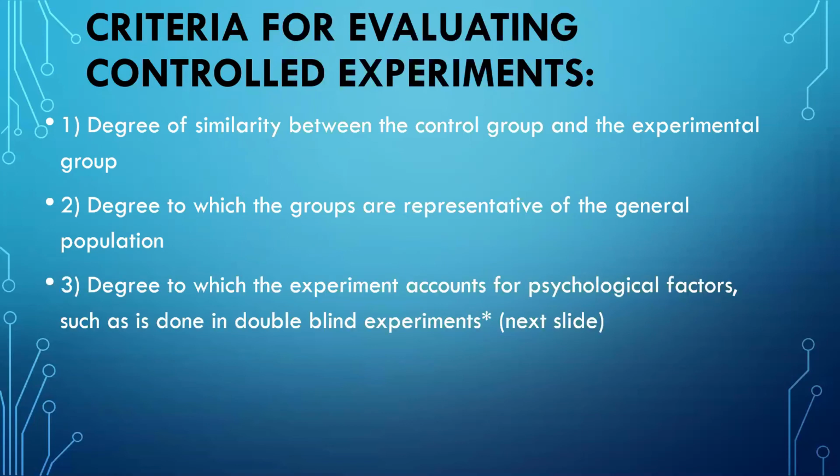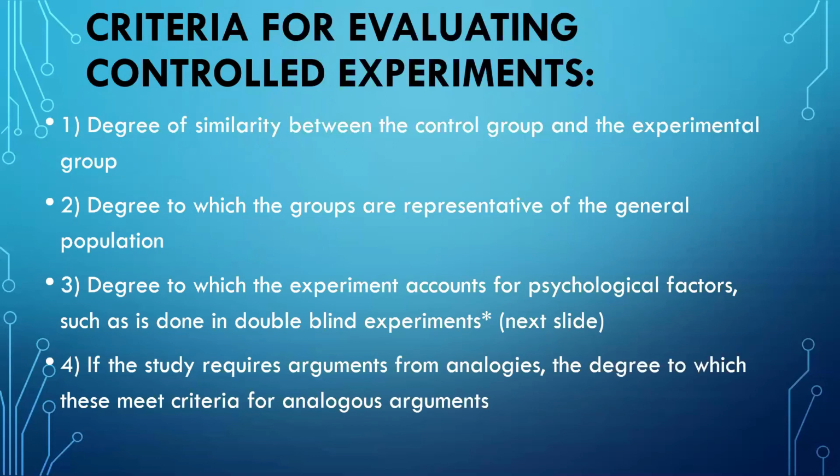Third, the degree to which the experiment accounts for psychological factors that might be present when you're conducting the study, such as is done in double-blind experiments, and we'll put that on hold for a moment and explain that in the next slide. And then fourth, if the study requires arguments from analogy, the degree to which these meet the criteria for analogical arguments.